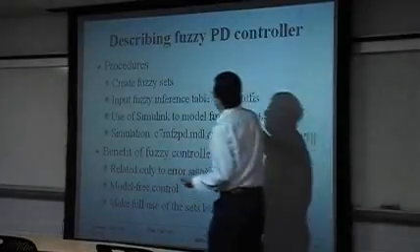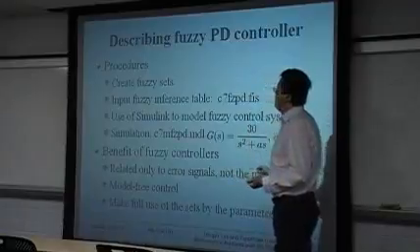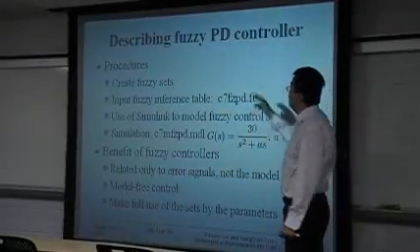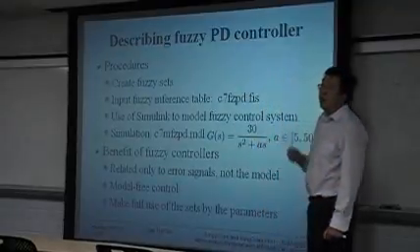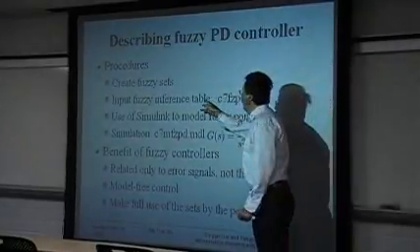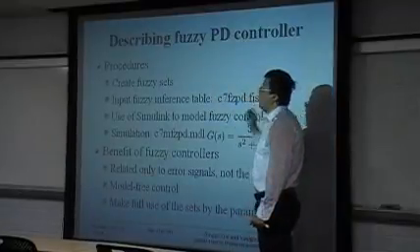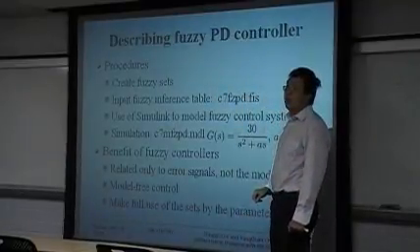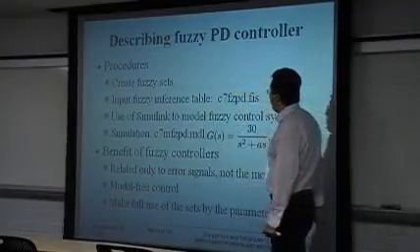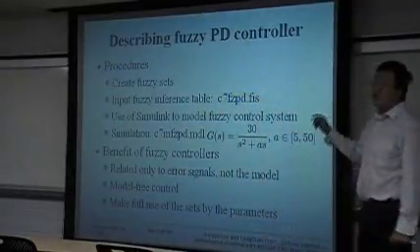We have to take the following procedures. The first is how can we establish fuzzy sets for the three variables? And then how can we express the fuzzy inference table? And then how to create a simulation block diagram for the fuzzy logic control system.